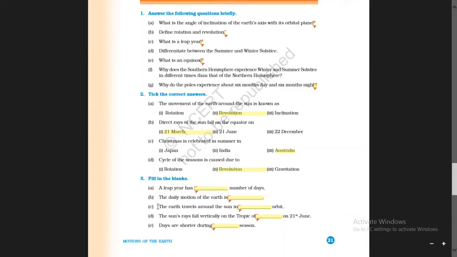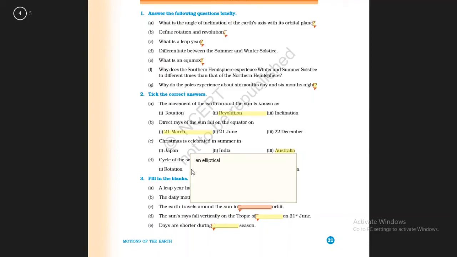Next one. The Earth travels around the sun in an elliptical orbit. So in the blank, you will write an elliptical. E-L-L-I-P-T-I-C-A-L, elliptical.